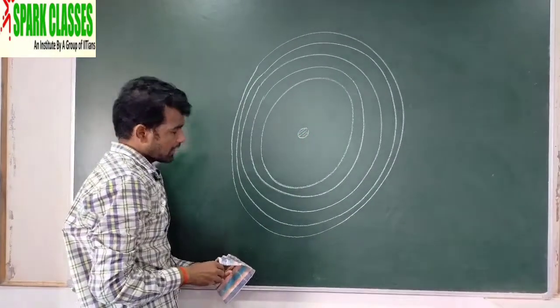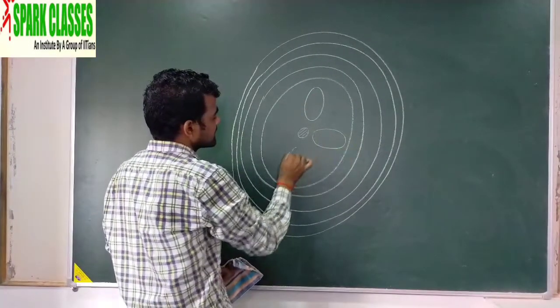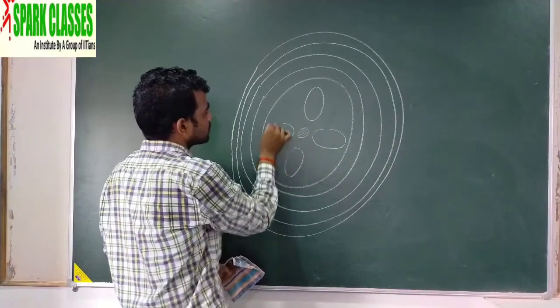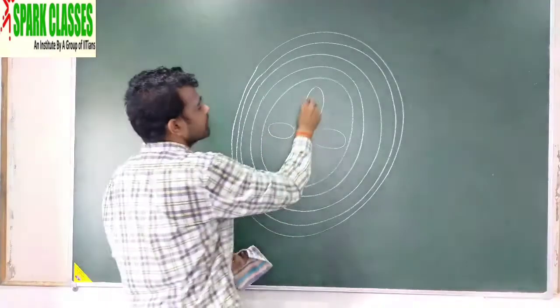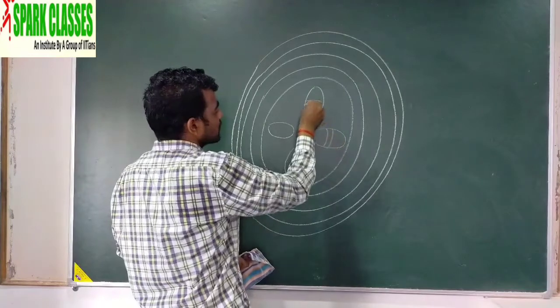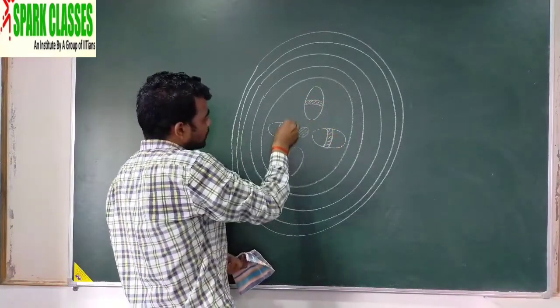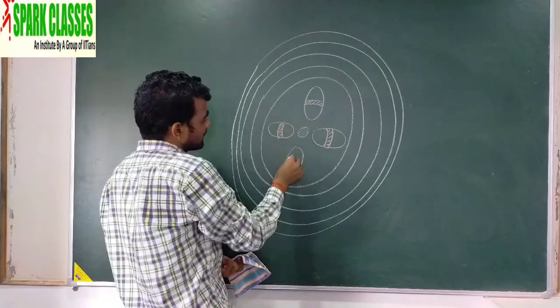Yes or no? And xylem phloem bundles are found like this, and there is a band of meristematic tissue. Already you have discussed this band of meristematic tissue, known as intrafascicular cambium.